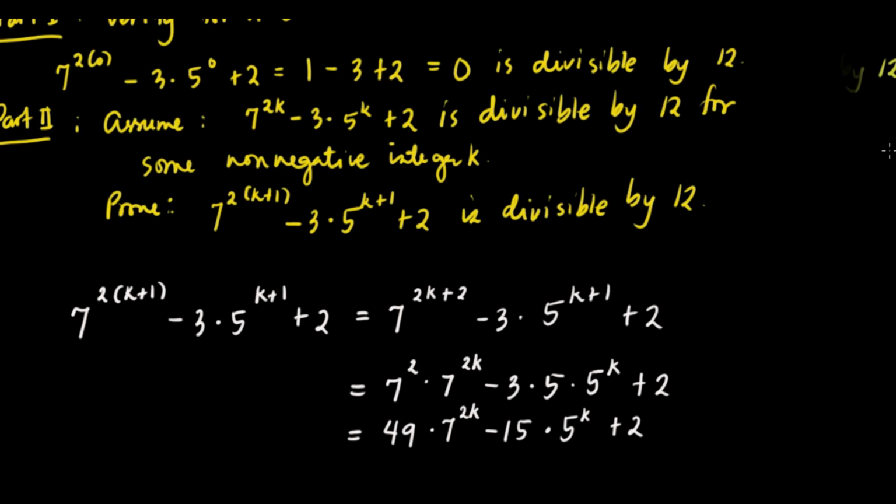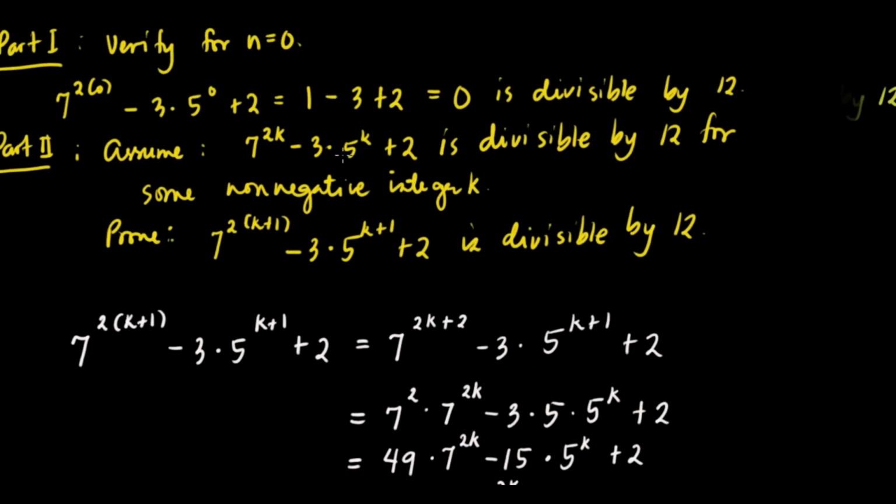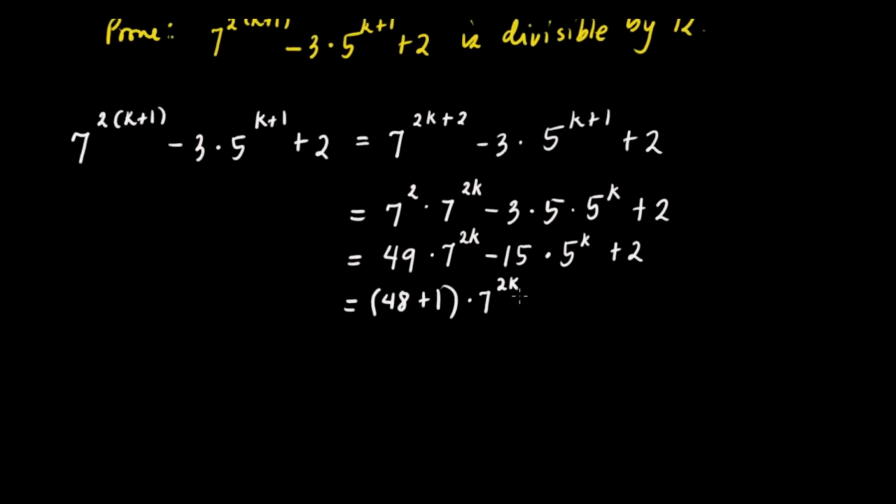Okay? So, ang gagawin natin, 49 can be expressed as 48 plus 1. Bakit natin gagawin ganon? Kasi, yung 48 kasi is divisible by 12. So, I can express 49 as 48 plus 1 times 7 raised to 2k. Now, 15, ang kapartner kasi dito is negative 3. So, pwedeng paghiwalayan si negative 3 at si negative 12.